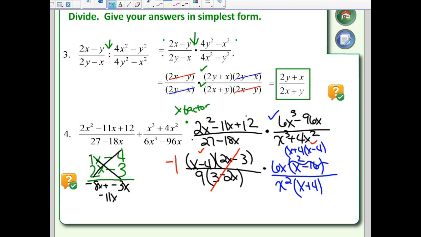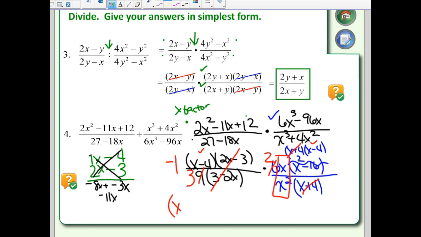Now, did you notice I've got a 6 and a 9? So we're going to make this a 2 and this a 3. And then the only thing we have left is these x's. So if you can put it together, what do we have left? Well, in the numerator, and then I just realized I can cancel out those x plus 4's. So what do I have left in the numerator?